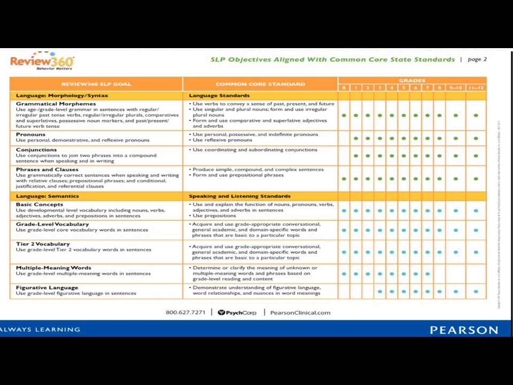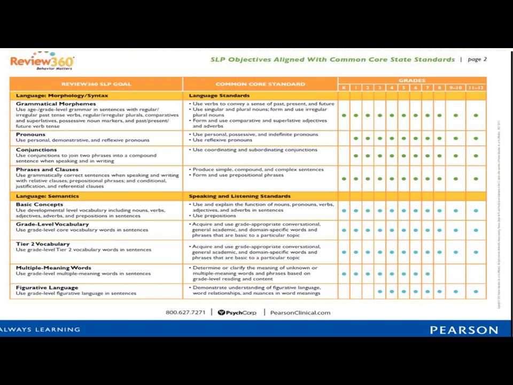So the speech-language pathologist may want to spend quite a bit of time working on tier 2 vocabulary that helps students with rich vocabulary at grade level that crosses different content areas, and then work with teachers to concentrate on the tier 3 or content-specific vocabulary that is represented in each of the content areas like science, social studies, mathematics, and English, language arts, and reading.